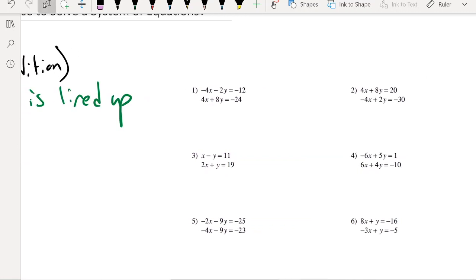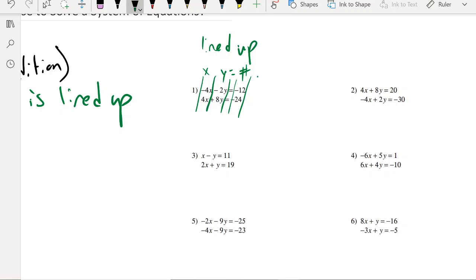So this one right here, there's your x's, and right here are your y's. There's your equal sign, and there's your numbers. The y is here, the x is here, the equals is there. Okay, it's all lined up.